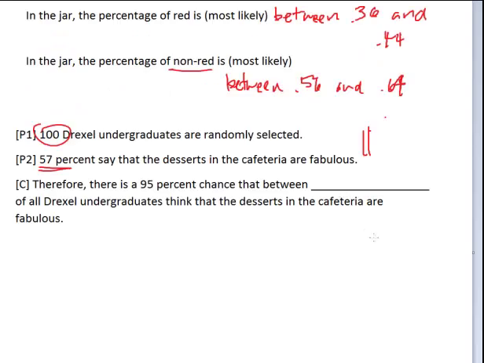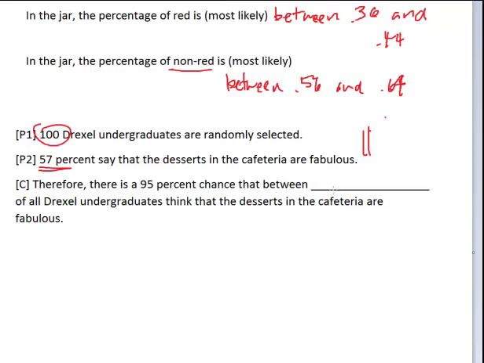So we take that interval and put it around 0.57, so to speak. So that's going to be 9% in one direction and 9% in the other direction.